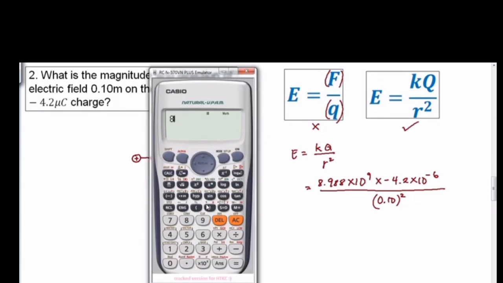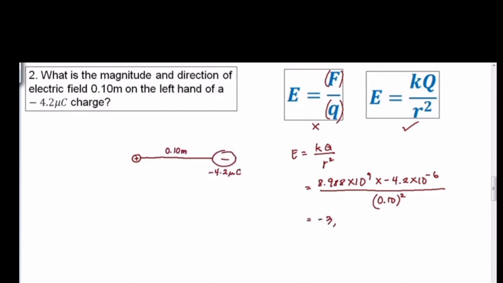So, okay, let's input this in a calculator. 8.988 times 10 to the power of 9 times negative 4.2 times 10 to the negative power of 6 over 0.10 m squared. So, the answer is negative 3,774,960 Newton per coulomb. Okay, this is the answer.